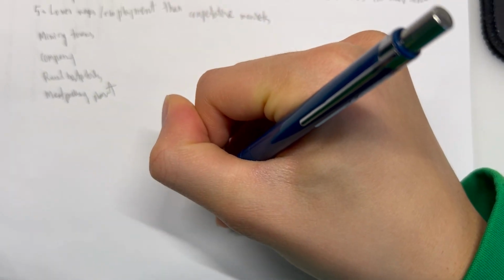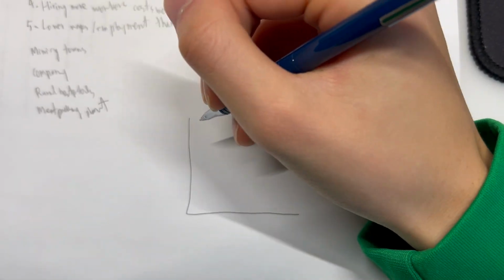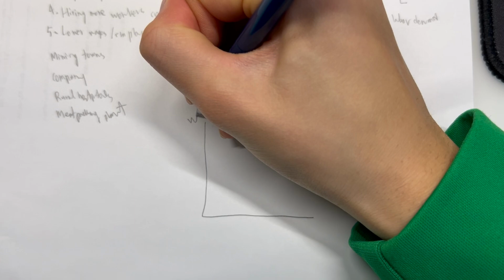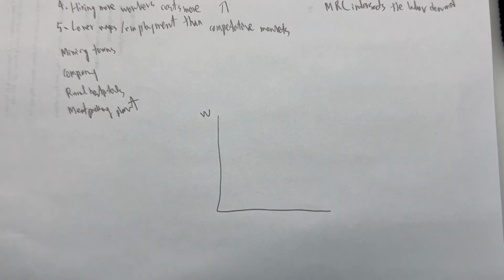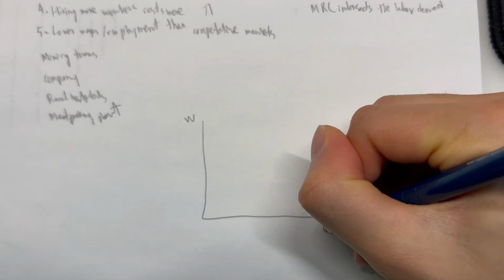Okay, so now we're gonna draw the graph. The vertical axis is gonna be the wage, and the horizontal axis is gonna be the quantity of labor.